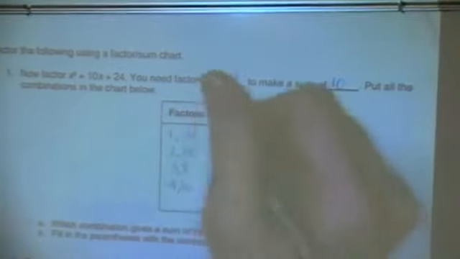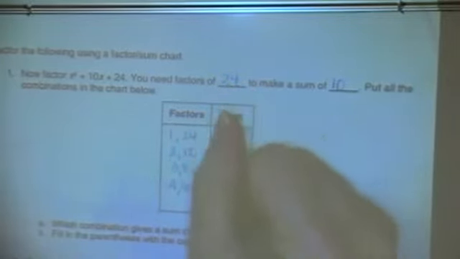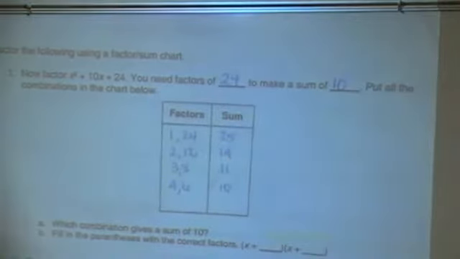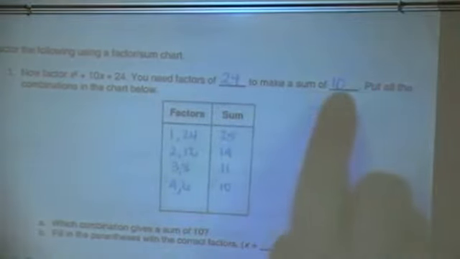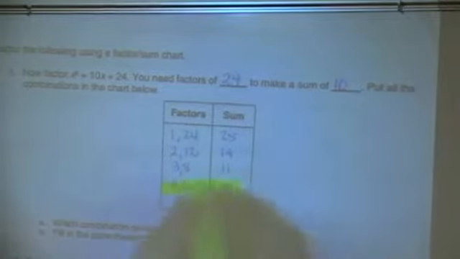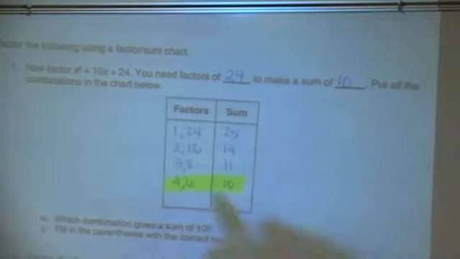Now I can sum them and get 25, 14, 11, and 10. Well, I am looking for the set that makes a sum of 10. So I'm looking for this set. That means that x plus 4 and x plus 6 are my factors.